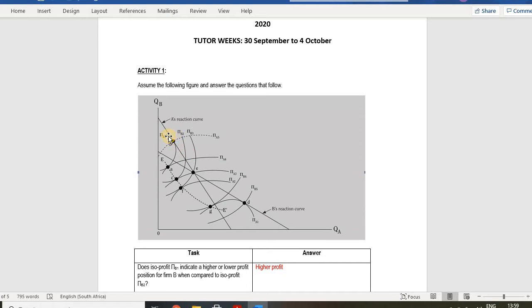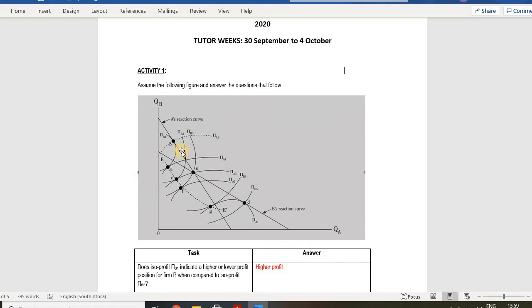So in this case, B1 indicates a higher profit because it is further than the starting point of 0. It's here, so it's the highest.